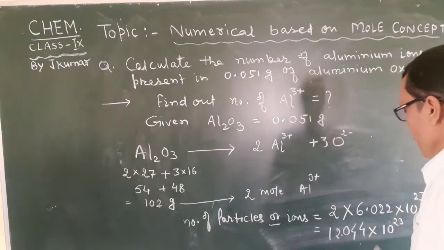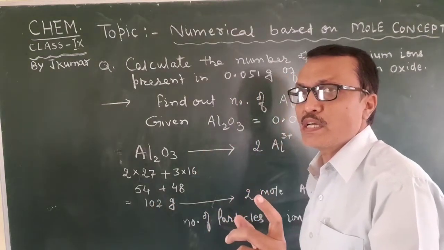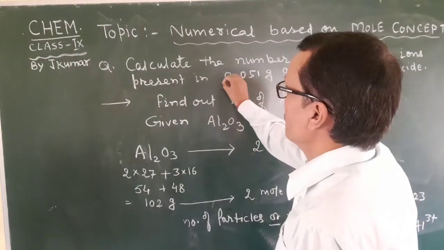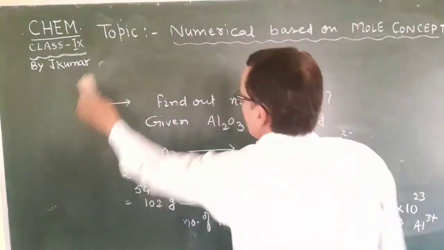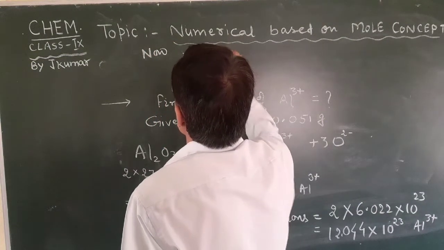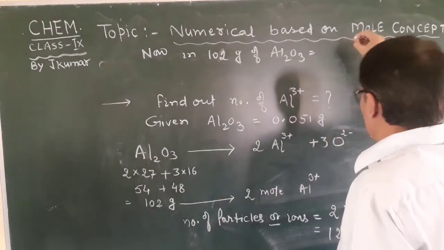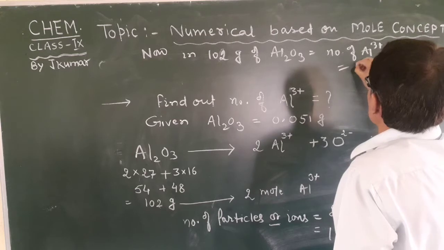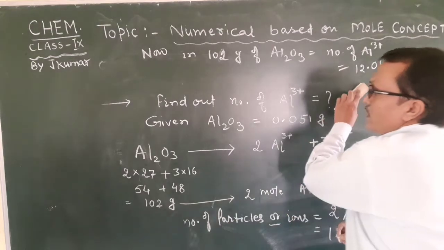But students, this number of aluminium ions is present in 102 gram of aluminium oxide, and we have to find it in 0.051 gram of aluminium oxide. So next, in 102 gram of Al2O3, the number of aluminium ions equals 12.044 multiplied by 10 to the power 23.